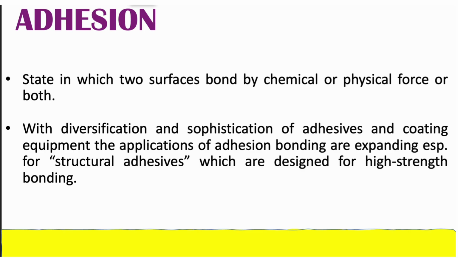That state, that phenomenon, is called adhesion. And how do we achieve that? We achieve that with the help of an adhesive medium. So a state in which two surfaces bind together by physical or chemical force, or both, is called adhesion.